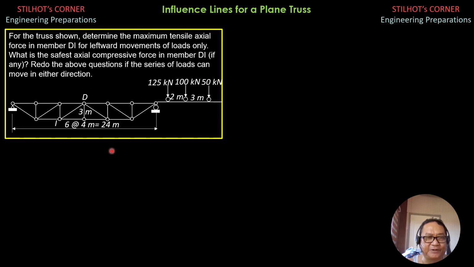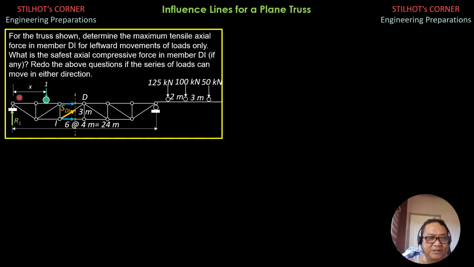So first, let's construct the influence line for force in member DI. Let's cut that section there, and we have the unit load, distance x, and R1.